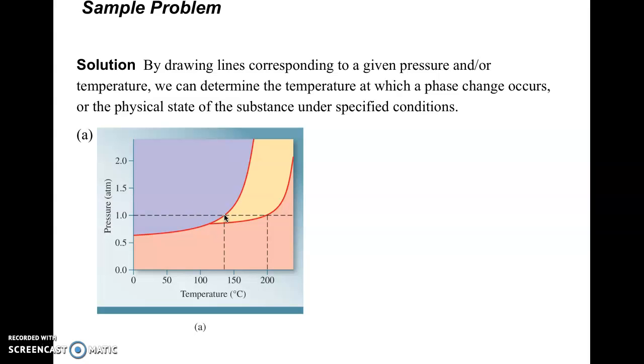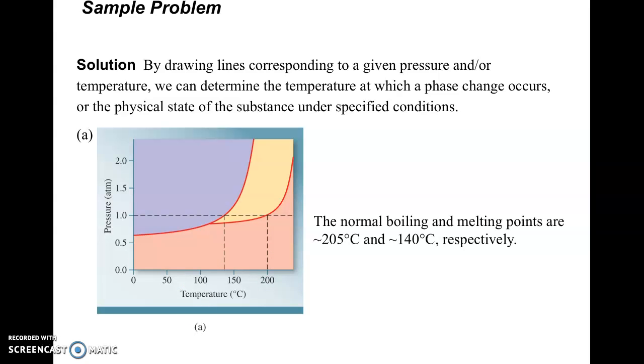And so we can see that for this is probably 140 degrees, about 200 degrees where it goes from a liquid to a vapor. Yep, 140 degrees. So the boiling is going from a liquid to the gas. I said 200, it's actually 205.